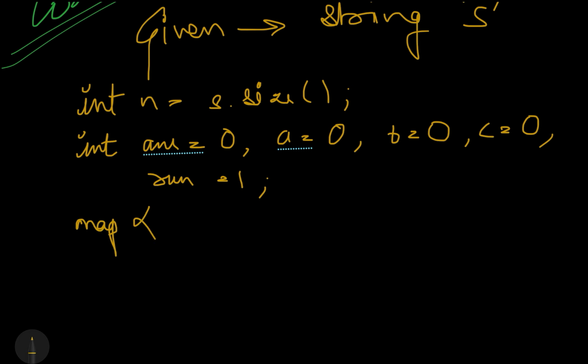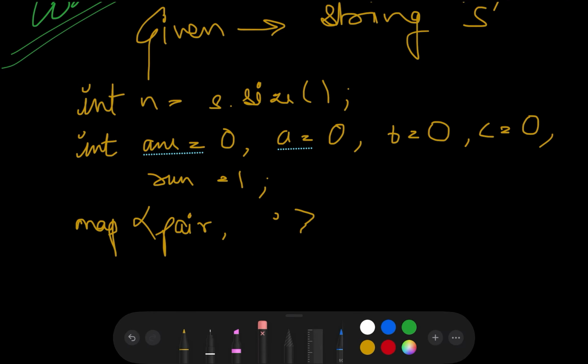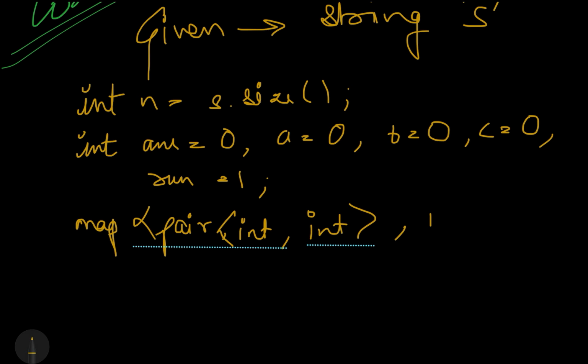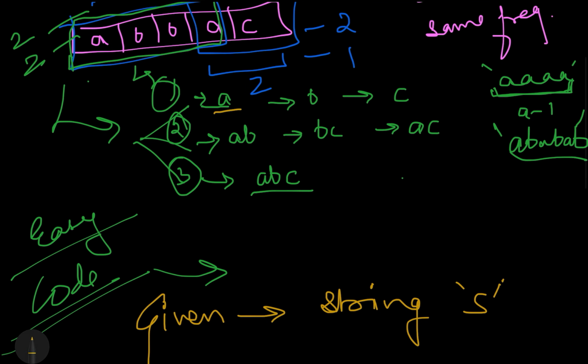Then we define a map of pair type to take the difference A minus B. We can simply track all these by tracking the difference.